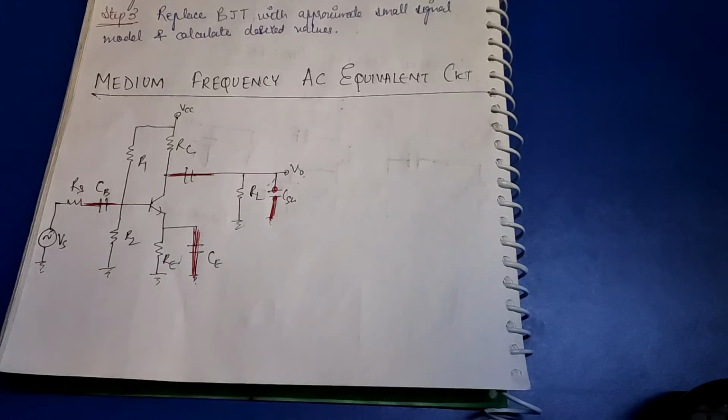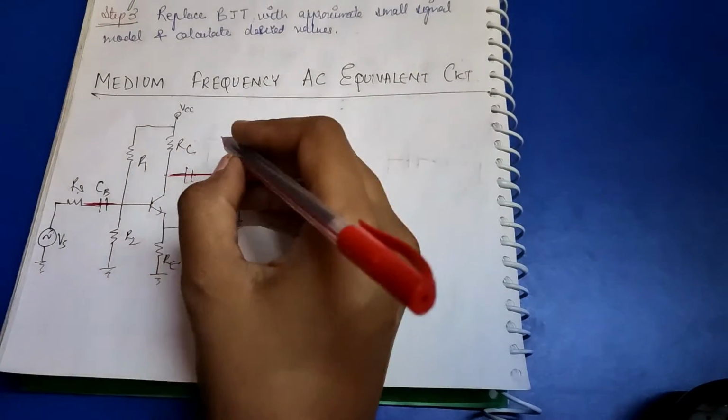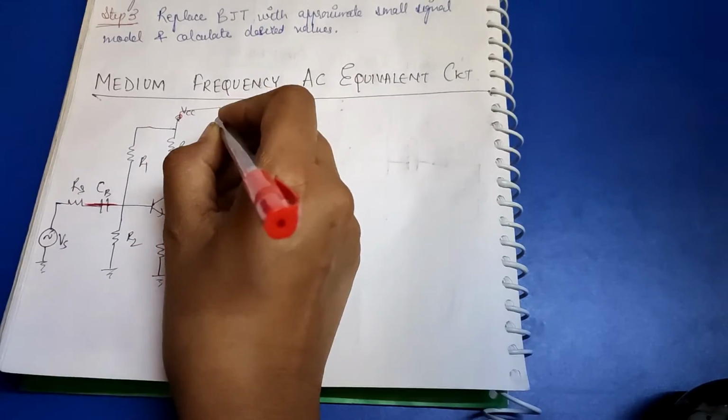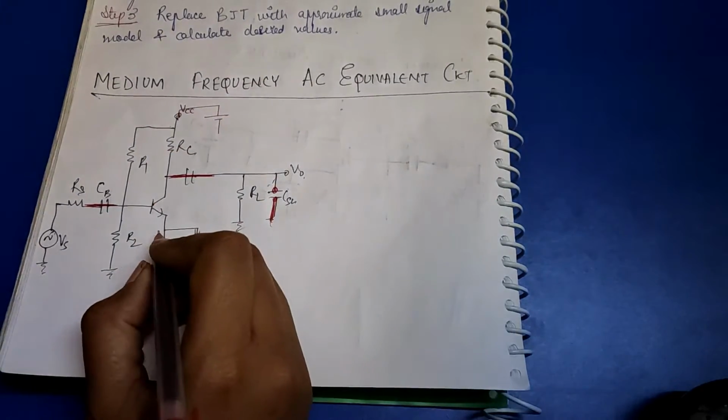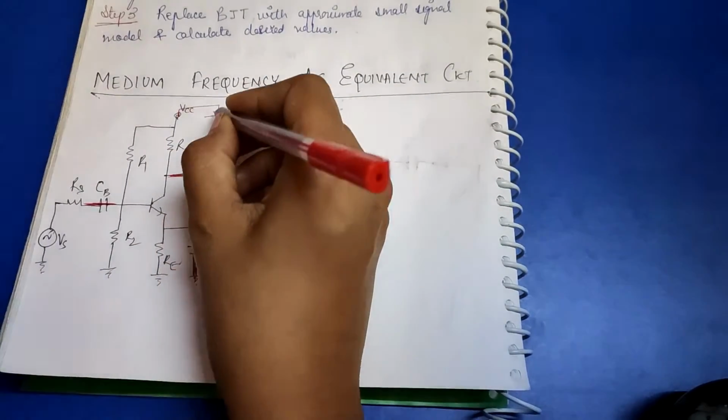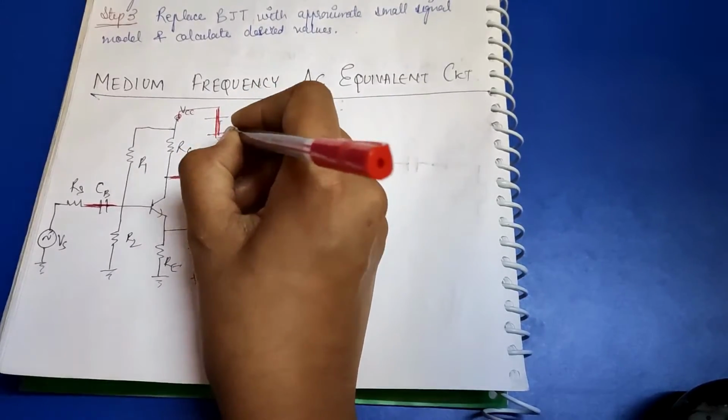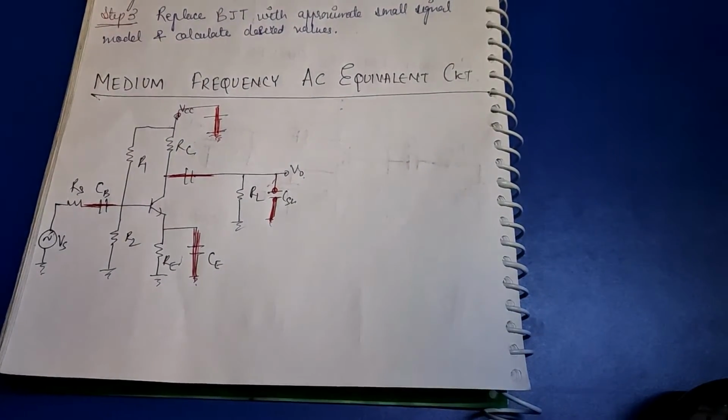And the DC supply is disabled in small signal AC analysis, so we have to disable the DC supply. So this is our DC supply and I have to disable this DC supply. That means I have to ground this DC supply, okay? So I have disabled the DC supply. Now guys, let me redraw the following circuit.